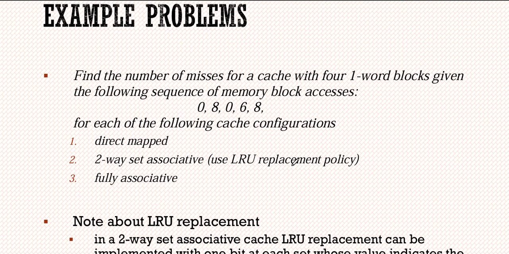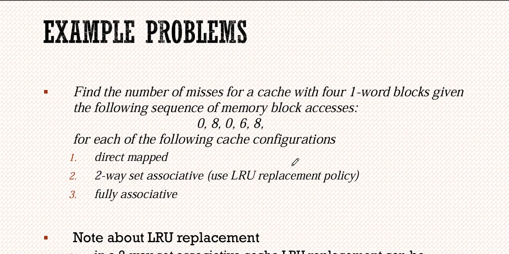So there is a question, and it's actually what we are doing. It's saying find the number of misses for a cache with 4 one-word blocks given the following sequence of memory block accesses. So now you'll be accessing block 0, block 8, block 0 again, block 6, block 8, for each of the following cache configurations, direct map.